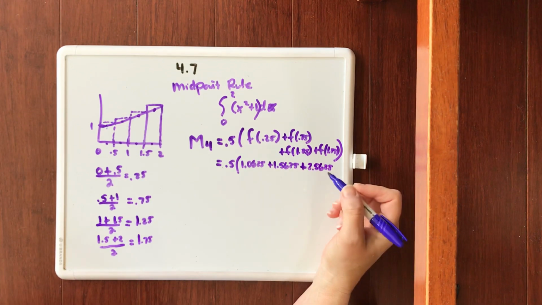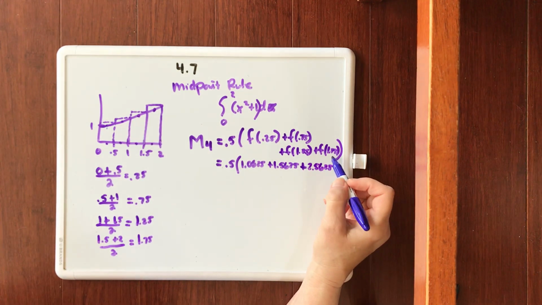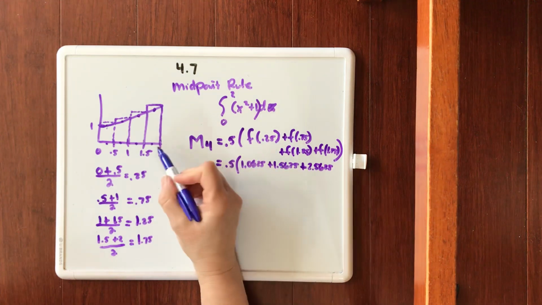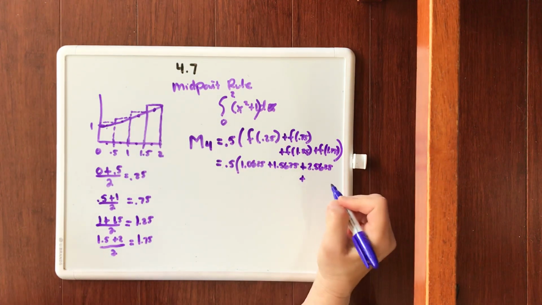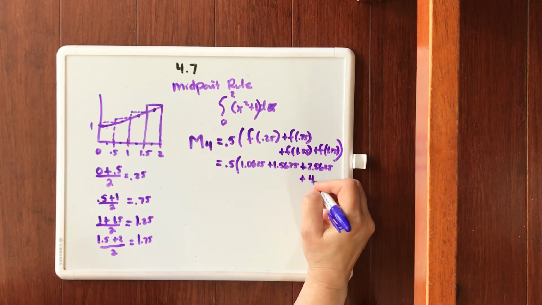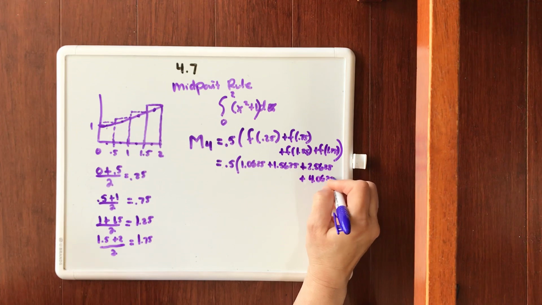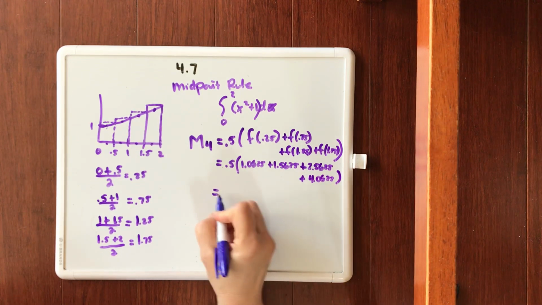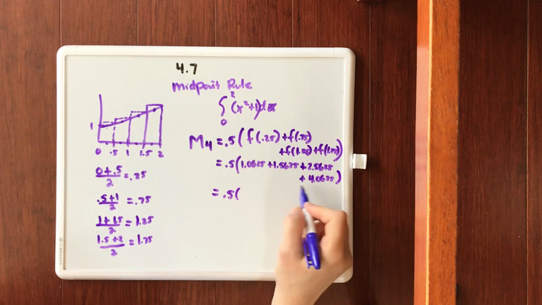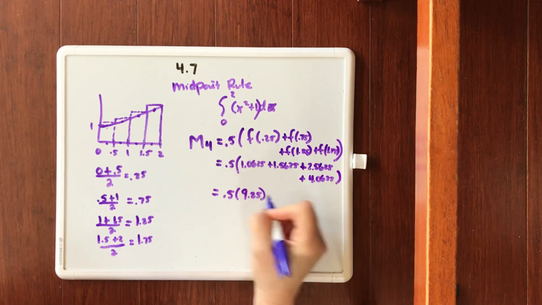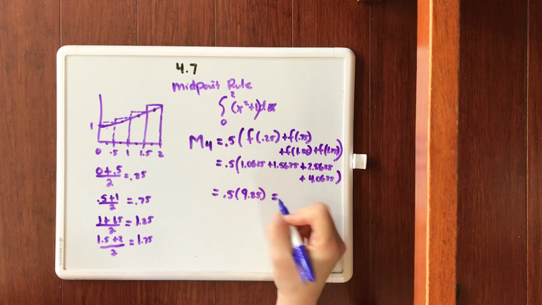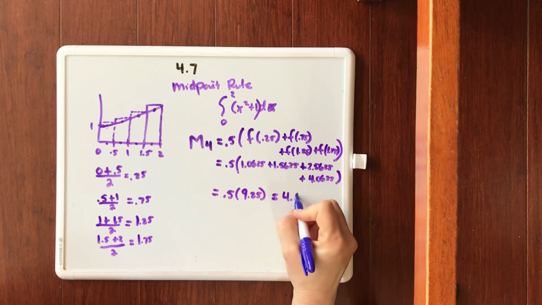And then when we put 1.75, which is the midpoint right there, into our function right here, we would be getting 4.0625. So when you add all those together, we end up with 9.25. And so our area is 4.625.